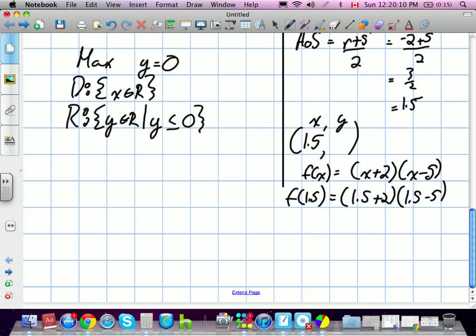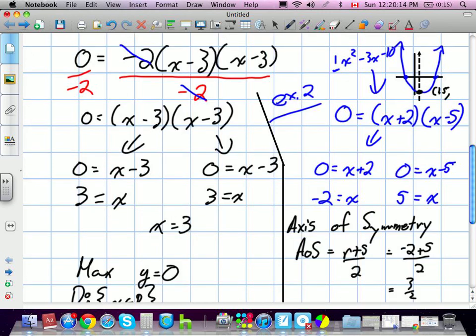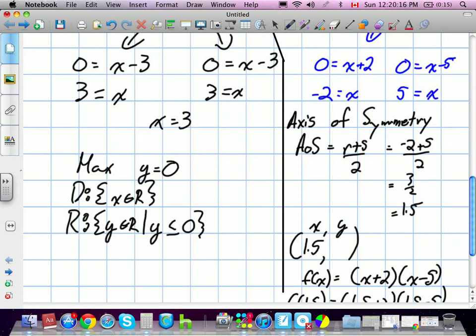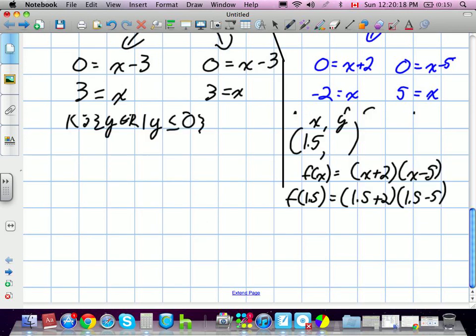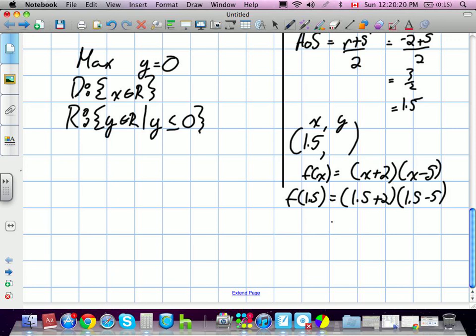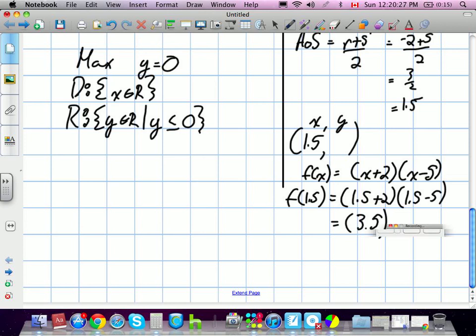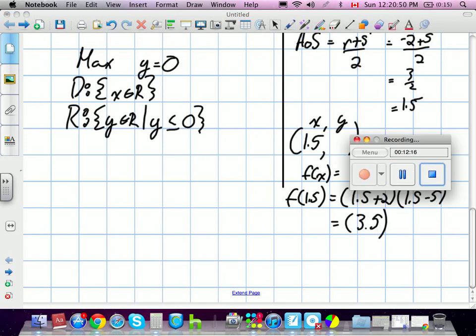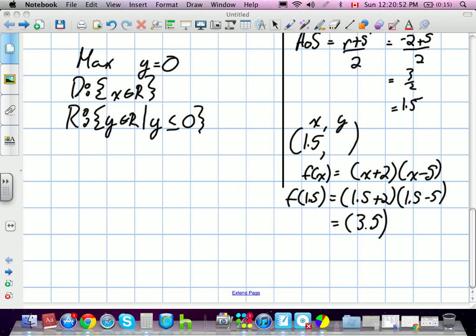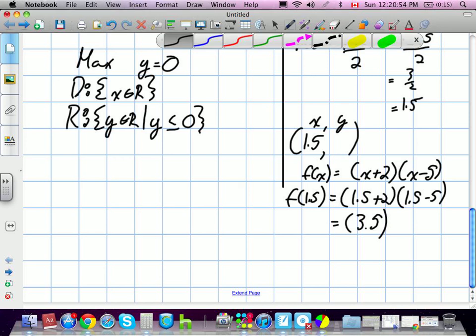Is that the original thing we started with? Yeah, plus 2, minus 5. Good. So 1.5 plus 2 is going to be 3.5, and 1.5 minus 5 is actually negative 3.5.